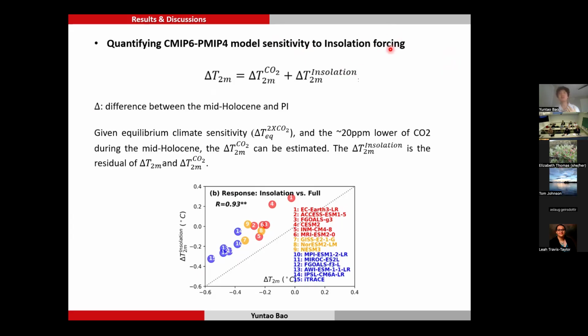But we still have to find a quantitative way to calculate the sensitivity of the model to insolation forcings.